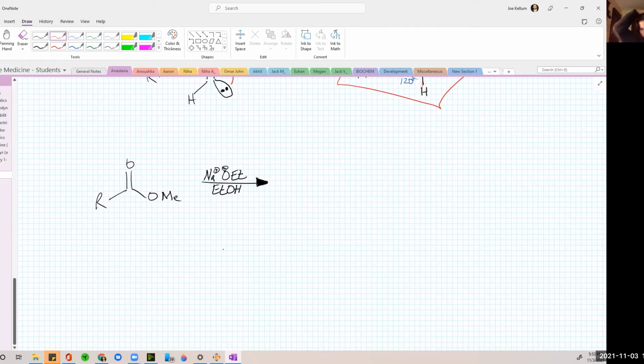First, it would, okay, wait, I need to draw this out for myself real quick. It would take, oh no, it already has a methyl.